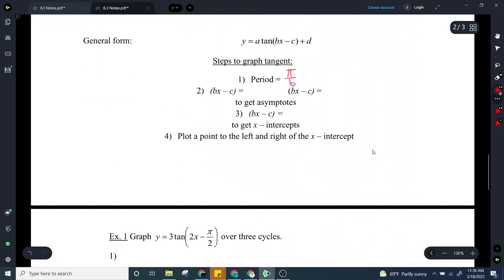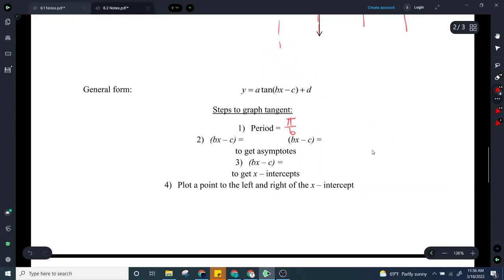So we're going to use that to get our new asymptotes if there's any shifting. So we're going to set Bx minus C equal to negative pi over 2 and positive pi over 2. To get the intercepts, we're going to set Bx minus C equal to 0, the halfway point between negative pi over 2 and pi over 2. And then if we're being really specific, we'll plot a point on either side of the x-intercepts.